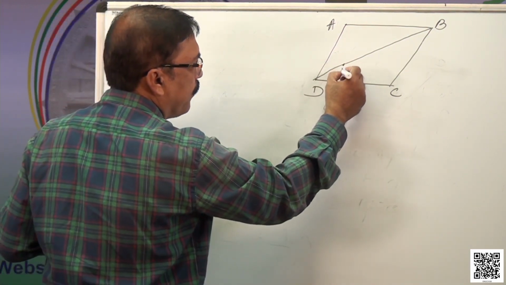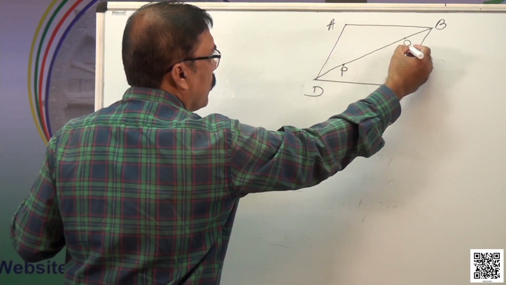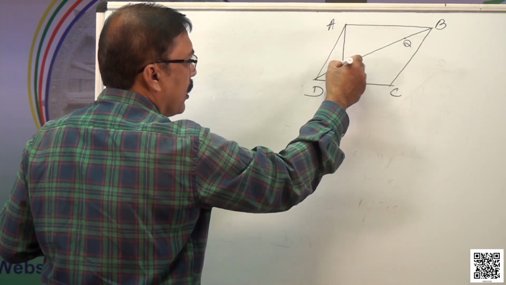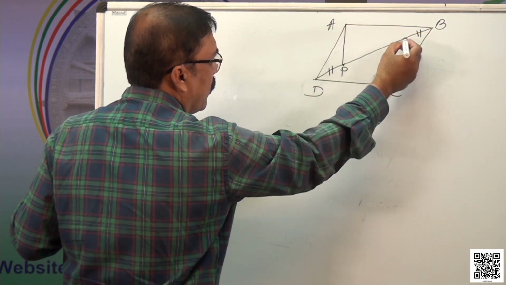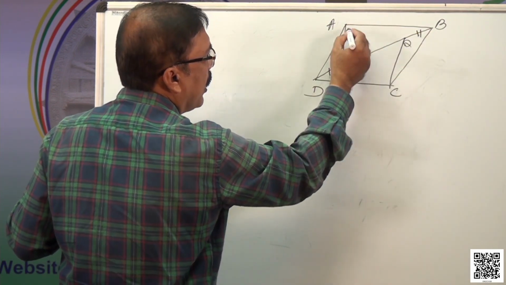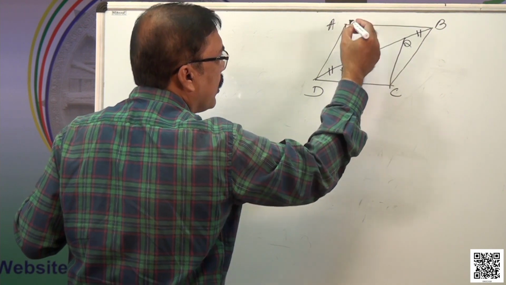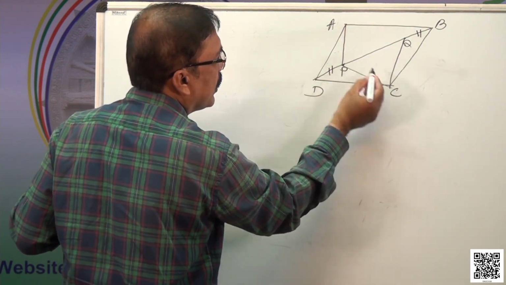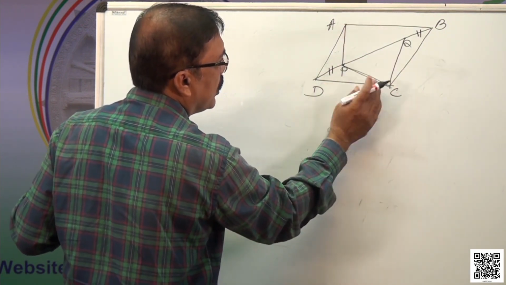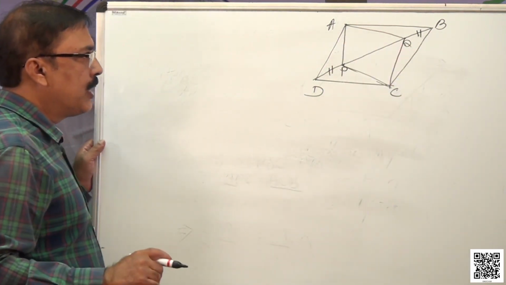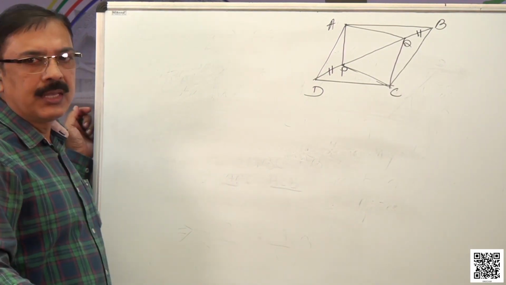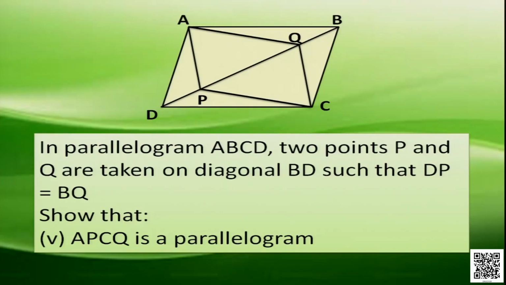We have points P and Q in such a way that DP is equal to BQ. Now we have to join AP, PC, QC and AQ.